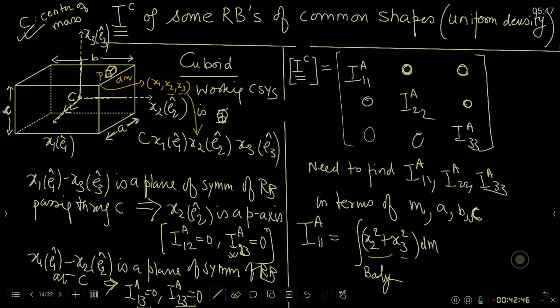So when you are doing the integration with respect to x1 alone, the limit of that integration should go from x1 equals minus a by 2 to x1 equals plus a by 2, right? From here to here. That is why I am writing these limits.